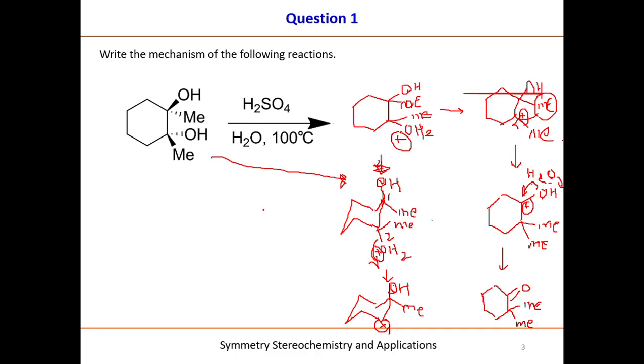But the second case is when both the hydroxy groups are on the equatorial position and the methyl groups on the axial position. Here I am drawing the second case. Here both the methyl groups are on the axial position. This is also a possibility, correct?